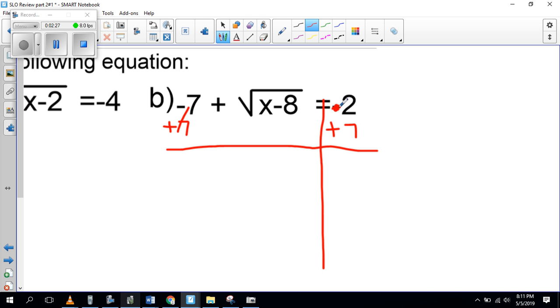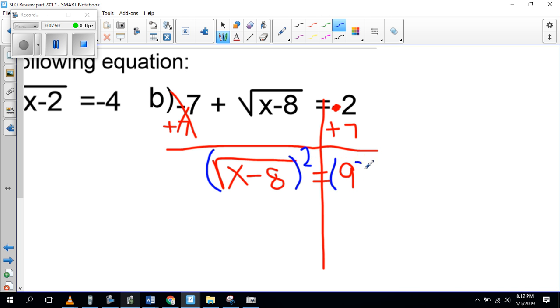Let that stay a positive 2. So this cancels out, and we're left with the square root of x minus 8 equals 9. Okay? Then, to undo the square root, we've got to square both sides.